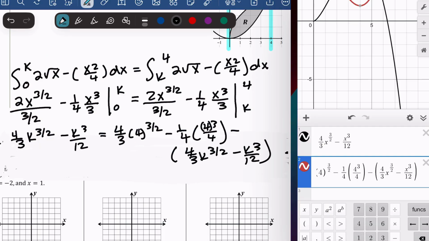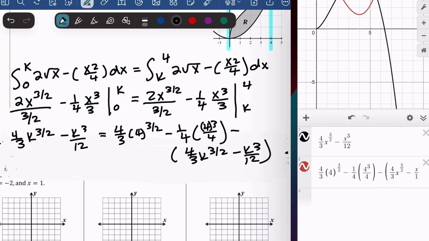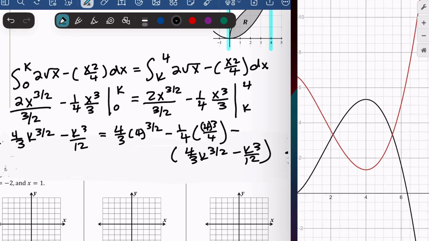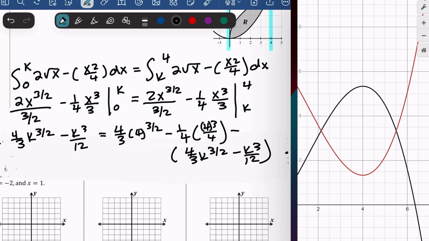Okay, so I should have both of my equations there now. I'm going to go ahead and drop this down. And now that I have both those equations, I can clearly see where the intersections are going to be.